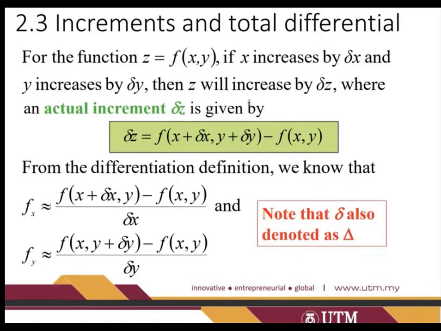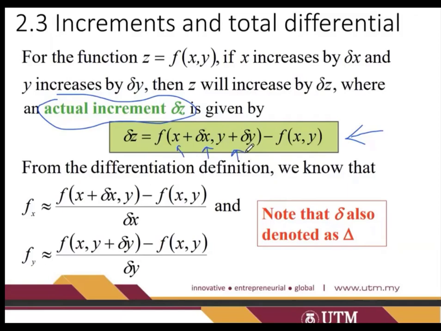So we have two terms you have to know. First is actual increment. The formula is this. How to remember: when we talk about actual, it means this x, you plus del x. 7 cm, you add 5 cm, right? Same thing: x plus del x. So 2 plus 5 cm, you will get 7 cm. Then you also add for y.